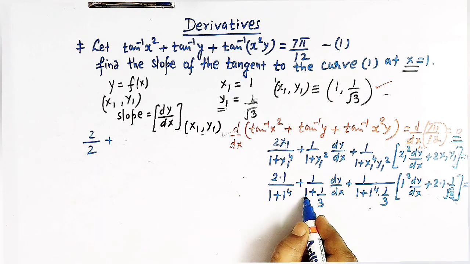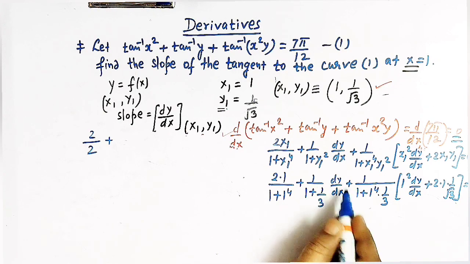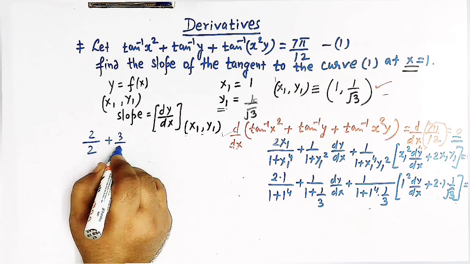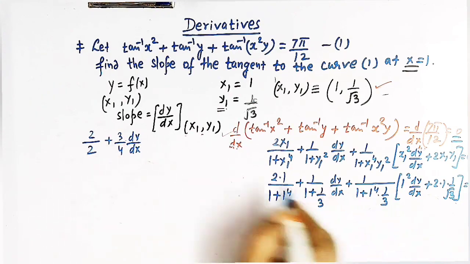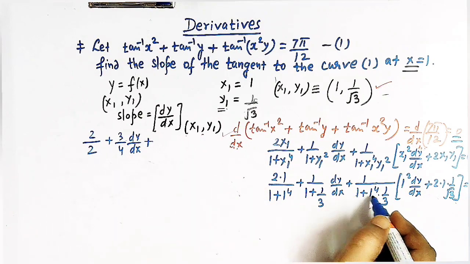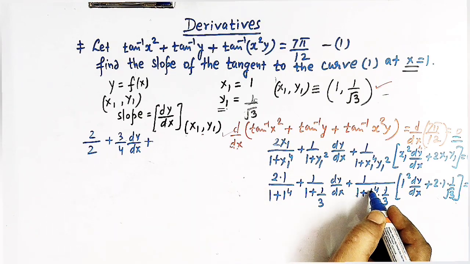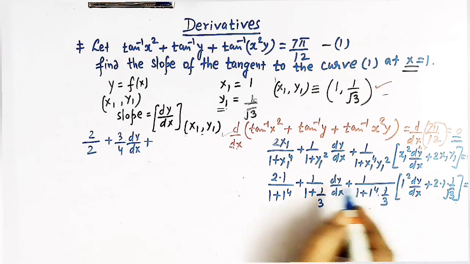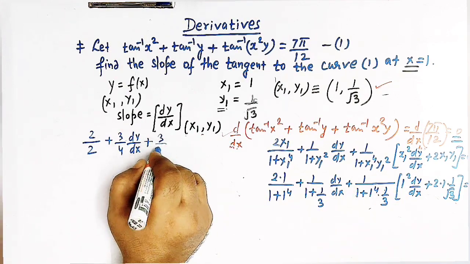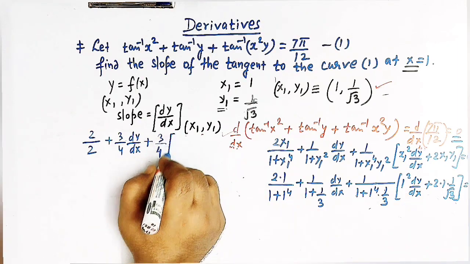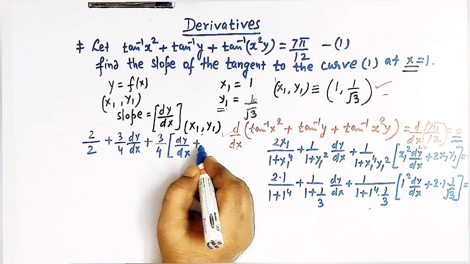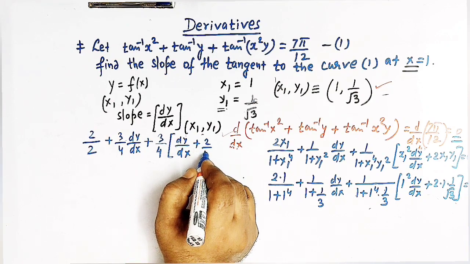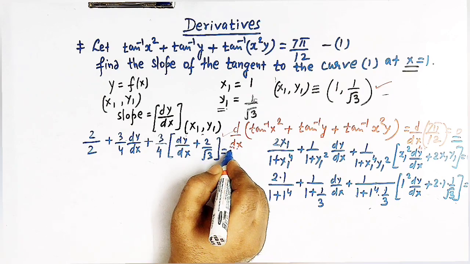Then here we have 1 plus 1 over 3 is 4 over 3. And taking 3 to the numerator, we have 3 over 4 dy over dx. And here also we have 1 plus 1 over 3, that is 4 over 3. Then taking 3 to the numerator, we have 3 over 4, and then we have simply here dy over dx plus this is 2 over 3, and this is equal to 0.